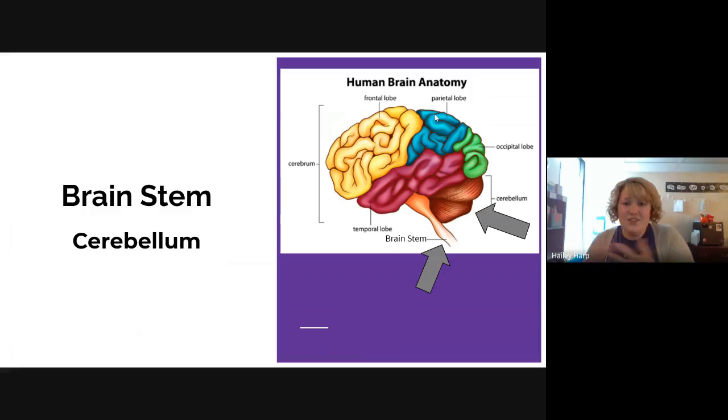But the cerebellum starts with a C and doesn't sound like it has an A, but it's pronounced cerebellum. Our brain stem, you feel your neck right here, is on the inside of your spine, clear onto the front. Your cerebellum is on the back of your head. They literally touch each other. They're connected, and that's why they help us with alertness so well.